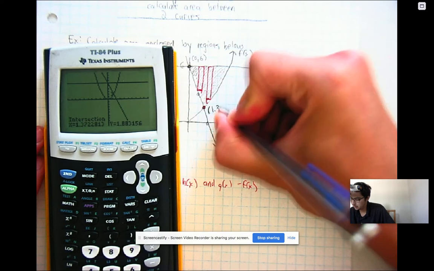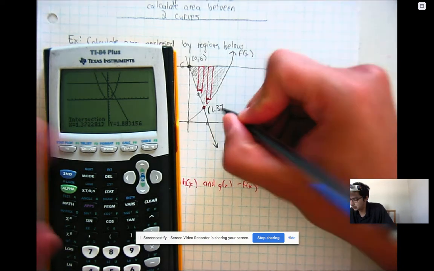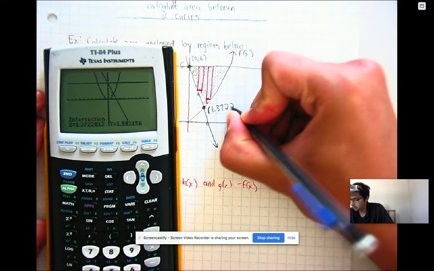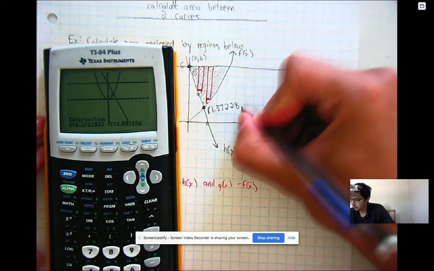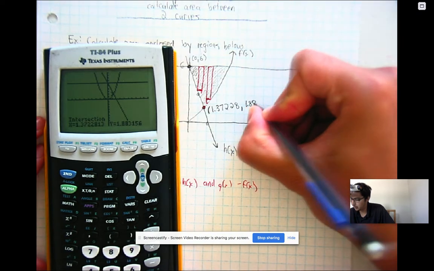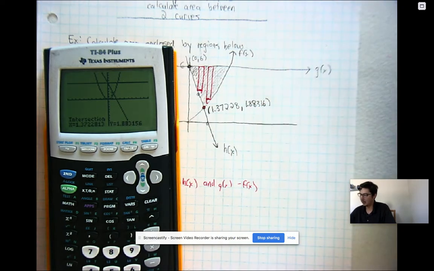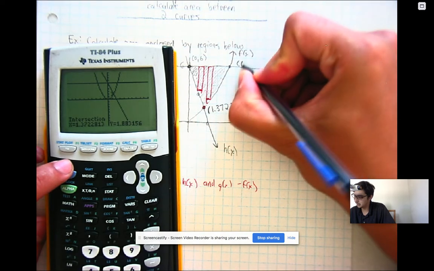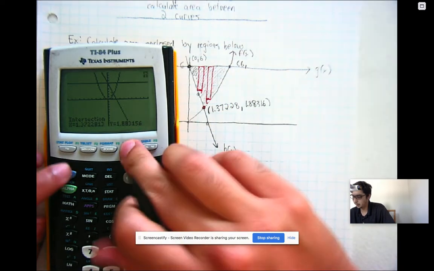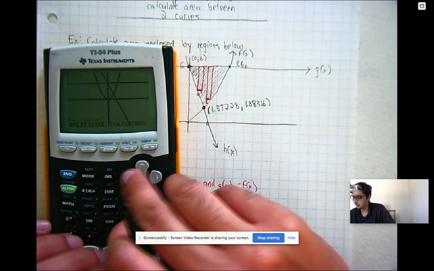And if you remember what I was saying, you don't want to do 3 decimals during the problem. You want to do at least 5. So let's do 1.37228. And then the y value would be 1.88316 approximately. And then the second intersection, well, that's at 6, and I know we can do it by hand, but I'm just going to stick with the calculator here.